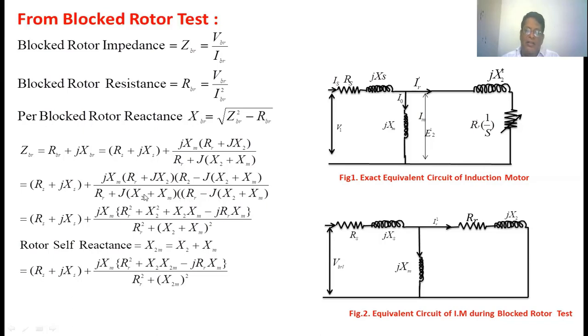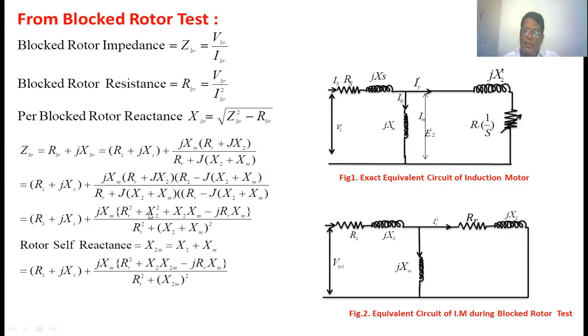Now we simplify. The denominator is like (a plus b) into (a minus b), so we can write it as Rr squared plus (X2 plus Xm) whole squared. In the numerator, simplifying gives jXm into (Rr squared plus X2 squared plus X2 Xm) minus jRr Xm. Here we define one quantity, X2M, the rotor self-reactance, defined as the magnetization reactance plus the rotor reactance, so X2M equals X2 plus Xm.